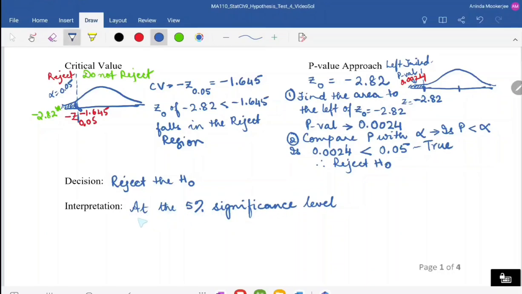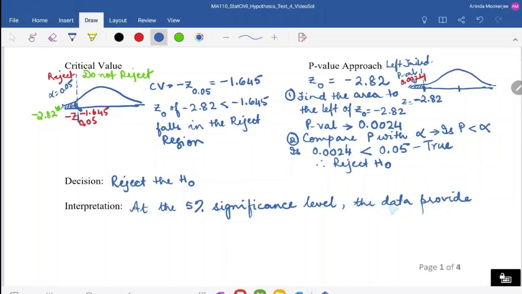So start off saying at the 5% significance level, the data provide, okay, data is plural.